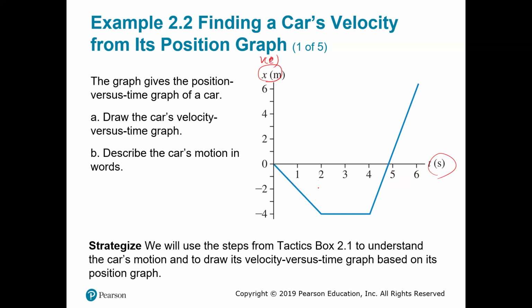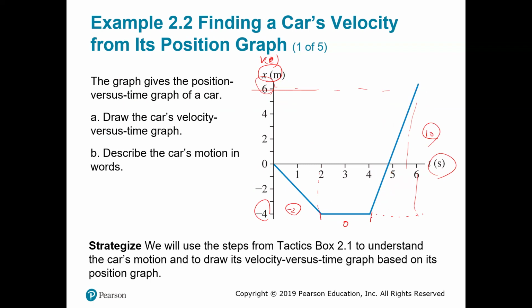For the first 2 seconds, what happened? Your slope for the first 2 seconds is -2 here, right? And then for the next 2 seconds, your slope is 0. And then for the last one, you move horizontally by 2 seconds, but vertically, how many units do you move? From -4 to 6, you basically move 10 units.